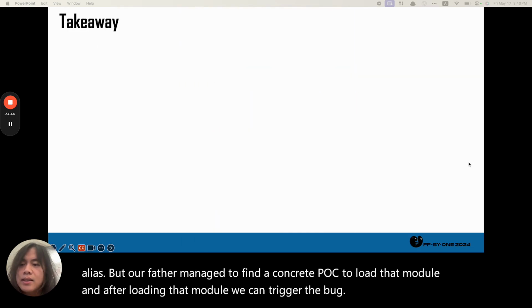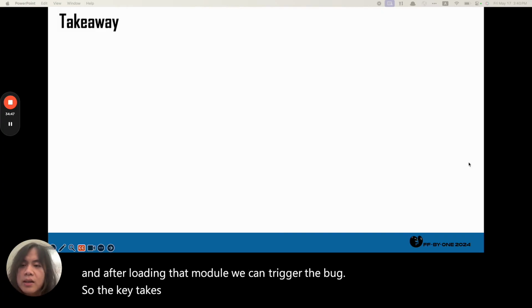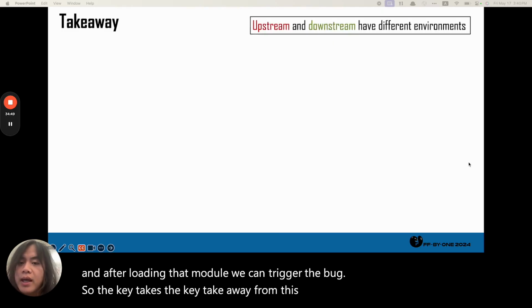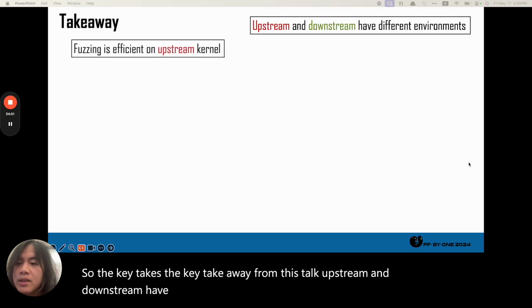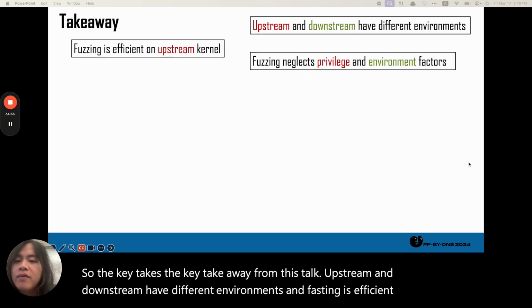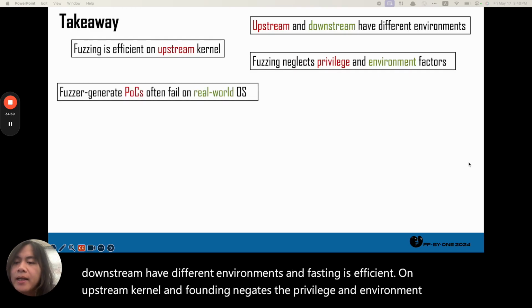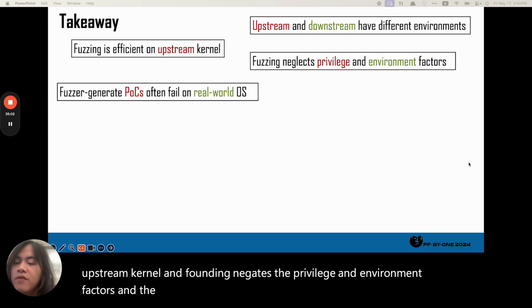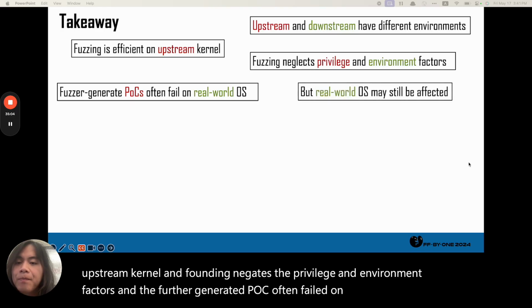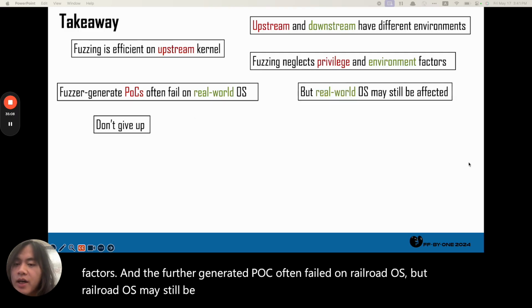The key takeaway from this talk: upstream and downstream have different environments, and fuzzing is efficient on the upstream kernel. Fuzzing neglects the privilege and environment factors, and fuzzer-generated POCs often fail on real-world OS, but the real-world OS may still be affected. Don't give up.